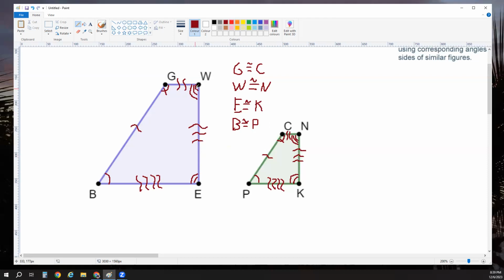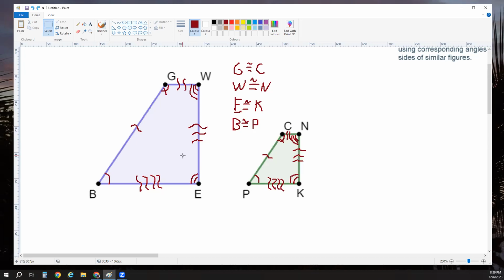But the line segments are obviously not the same. I'll just prove it real quick. If I take this guy and move it over here, see that it's the same angle. So how are they similar?